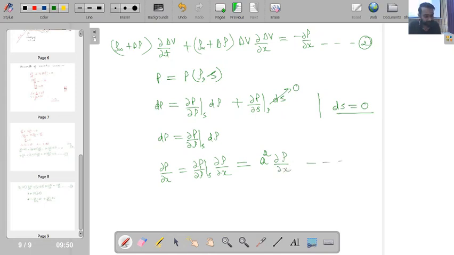So if this is equation number 3, now I can make a substitution of del P by del x in my momentum equation, equation number 2.